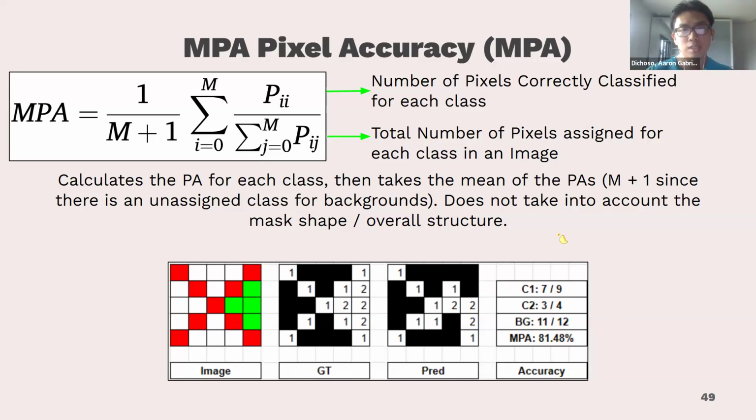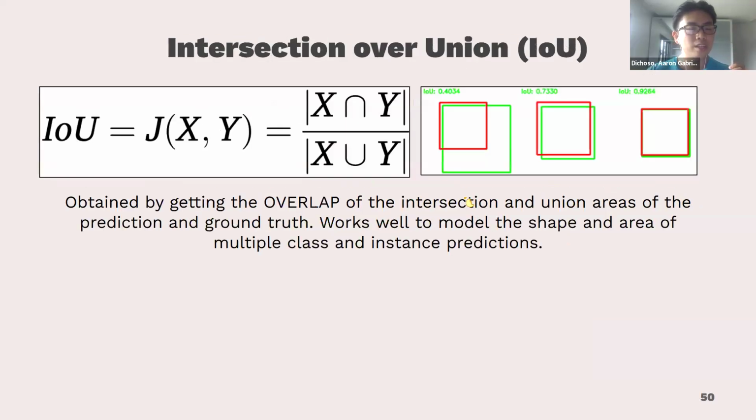Now, what if we also want to take into account the shape of your segmentation mask? That is where these last two metrics come in handy. The first is intersection over union, or IOU. It's going to depend on the structure of your prediction.